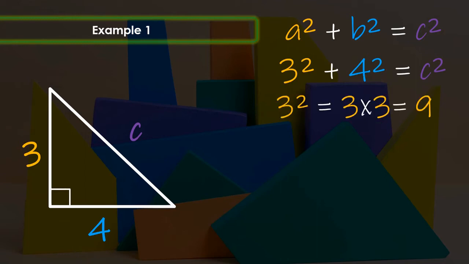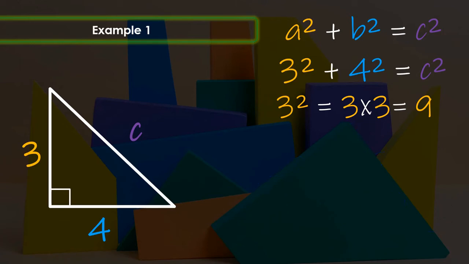When something is squared, that means it's multiplied by itself. So 3 times 3 equals 9. That's what 3 squared is, because there's a 2 right there. If it were cubed, it would be 3 times 3 times 3. But it's only squared, so it's only going to be 2 times.